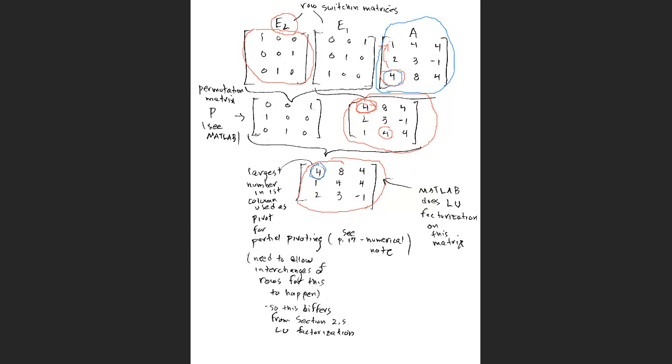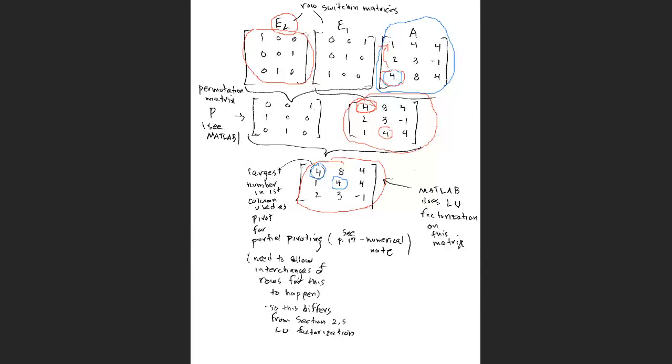In the second column, the pivot 4 is greater than the 3 below it. So MATLAB is going to do LU factorization on this matrix.